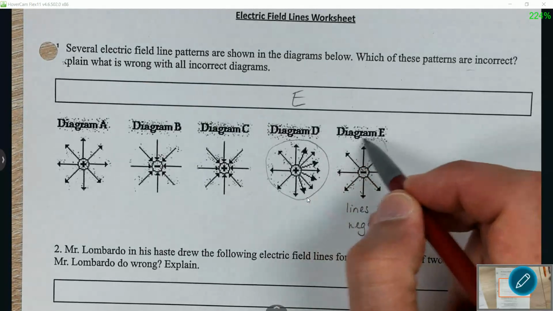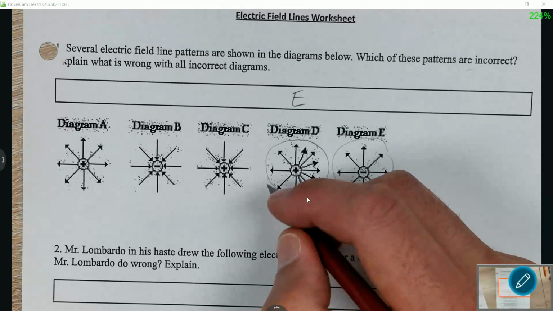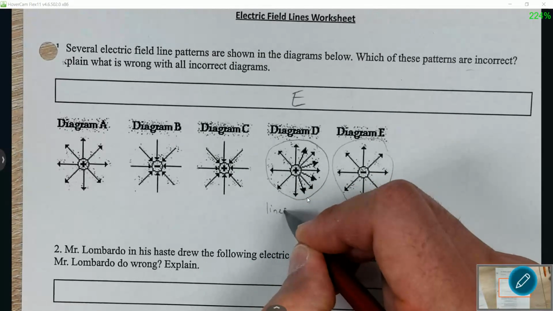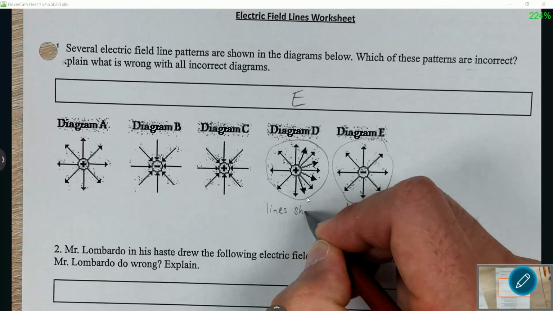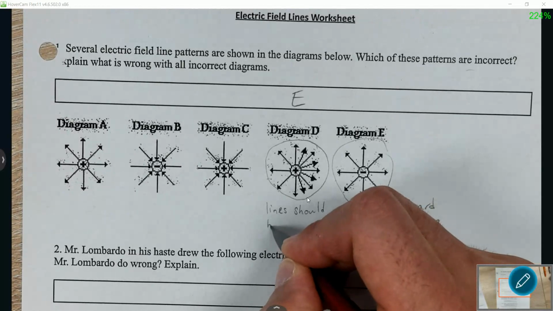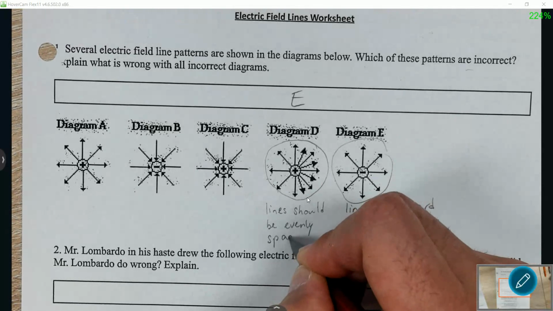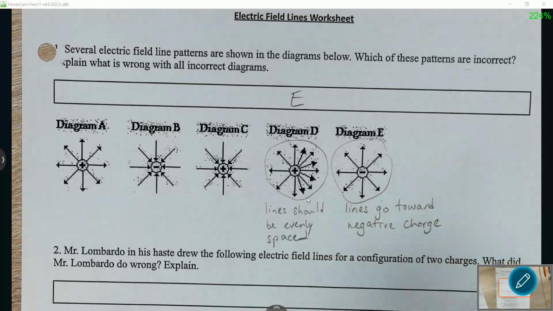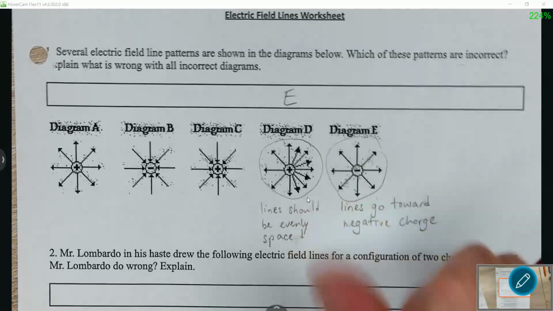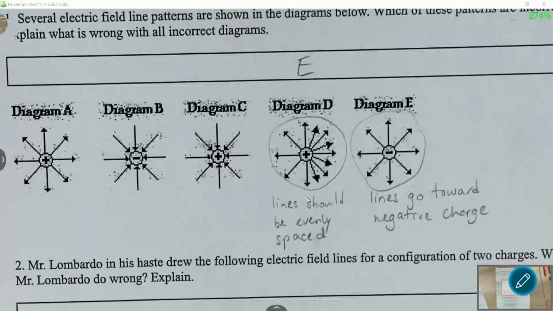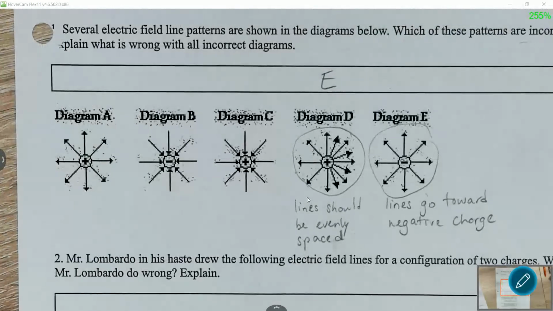We have E, we have D. D is wrong because the lines should be evenly spaced. The lines should be evenly spaced. I can't spell today, but you get the point. Is there anything else?